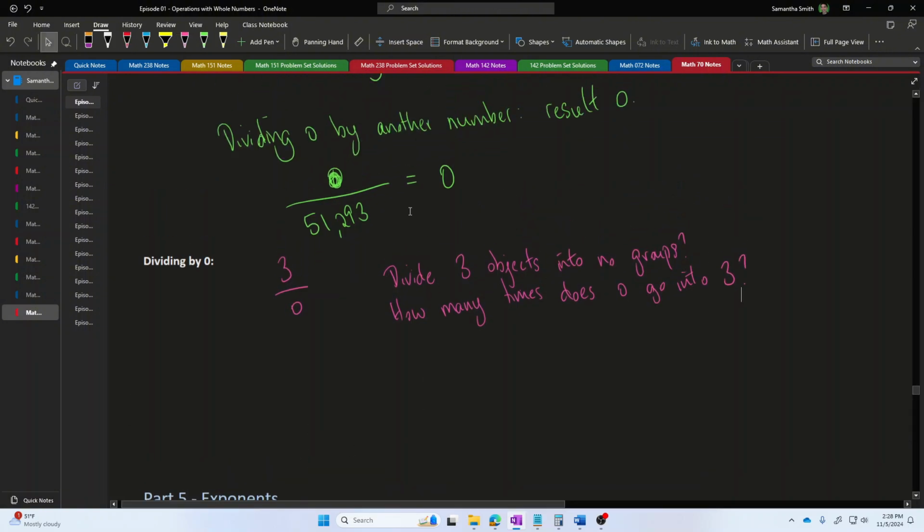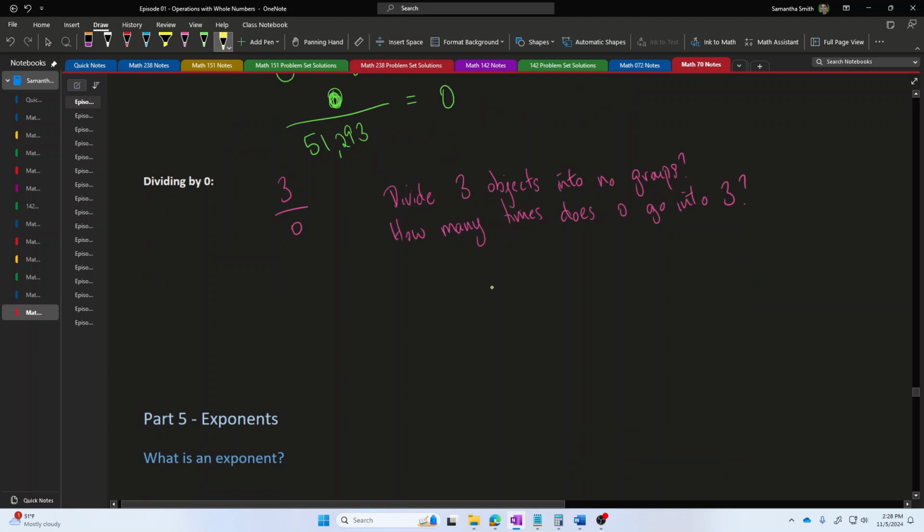Well, neither of these questions really make any sense. If you have 3 objects, but you're not dividing them into any groups, it doesn't make sense to talk about how many objects end up in each group. And if you're trying to talk about how many times does 0 go into 3, that doesn't make any sense either, because 0 can go into 3 as many times as you want. 0 is not taking up any space inside of 3.